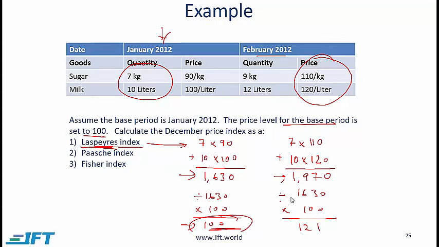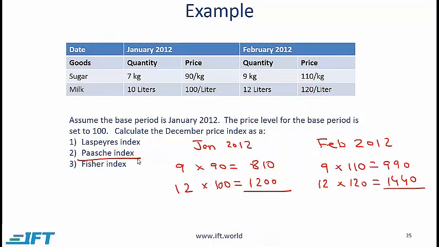So we do the same thing over here, divide by 1630 and multiply by 100. So the price index has gone up to 121, from 100 to 121. So the inflation over this period is 21%. This is according to the Laspeyres index method.